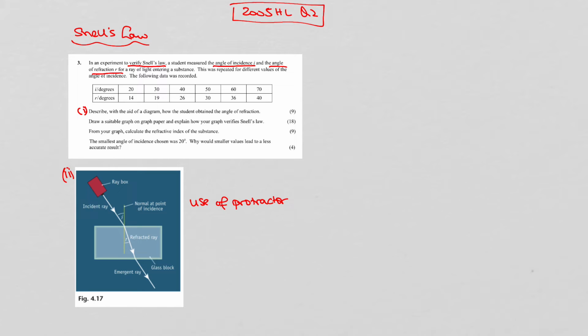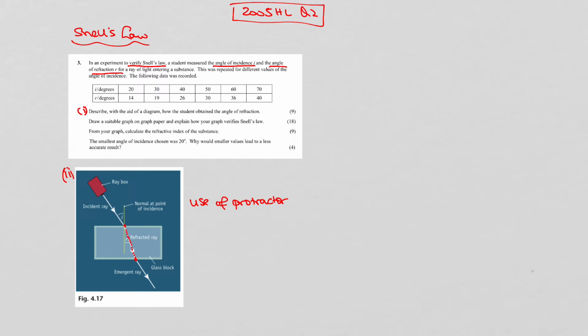And the angle of incidence is the angle with the protractor between the incident ray and the normal. We would then trace the light ray emerging from the glass block, and then we would lift the glass block and connect the incident ray to the emergent ray. And by connecting those 2 points, that would give us the refracted ray.